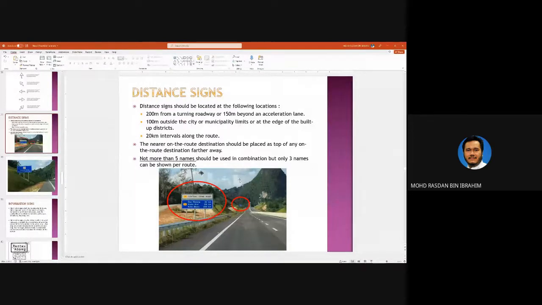So the important part is not just the size of the font, but the width. If you are saying that this lane is going to Seremban, then the width of the lettering should be adequate according to the width of the lane. So if the lane is 3.3 meters, then the width of the writing is also 3.3 meters, something like that. I mean the space.